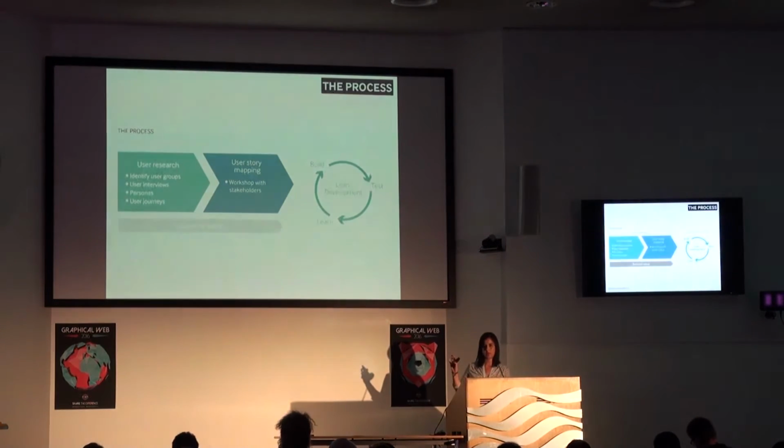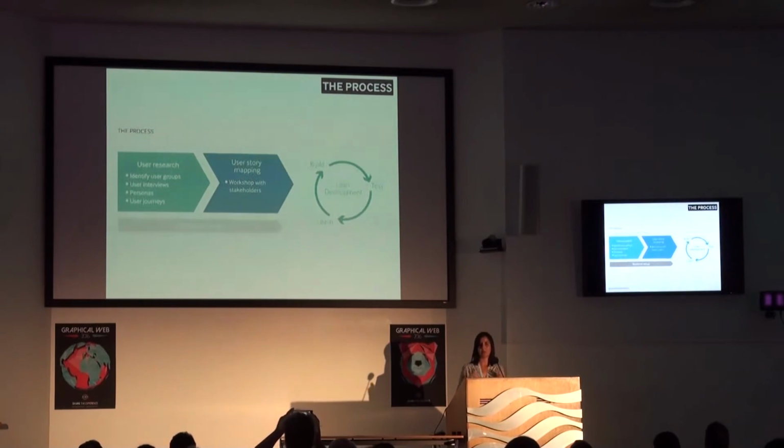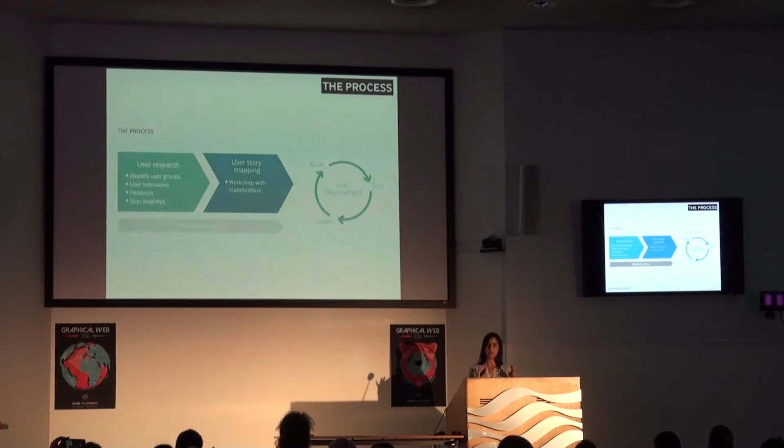So that's what our process looks like. We start by doing some user research: identifying the user groups and running some user interviews, to understand what people are looking for, their expectations, their needs. Then we create some very lean personas that can be shared with the development team and map out a user journey.